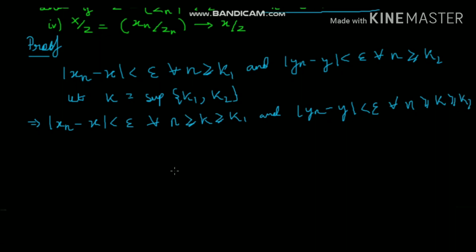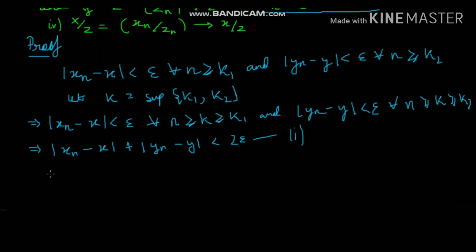This is possible because k is the maximum of k1 and k2. Now we can add up both these inequalities and we get that mod of xn minus x plus mod of yn minus y is less than twice epsilon. We'll call this our first equation, and remember this inequality is true if n is greater than or equal to k.